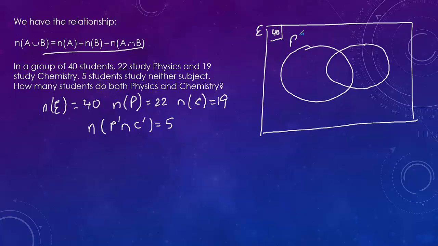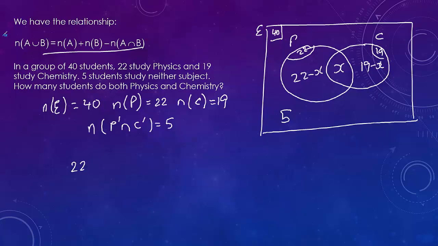This is the set P, this is the set C. I know in total there needs to be 22 in here, and in total there needs to be 19 in here. I already know there are 5 students outside. So let's just call this X. Then because this entire ellipse needs to contain 22, there must be 22 minus x here. And this entire ellipse needs to contain 19, so there must be 19 minus x here.